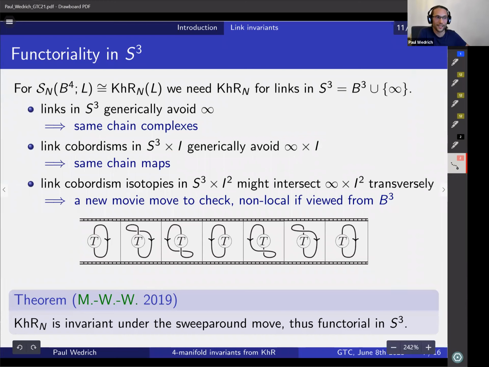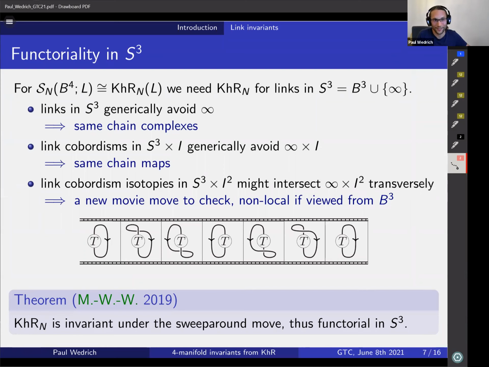The subtlety arises once we look at isotopies of link cobordisms. This is what usually gives rise to the movie moves. So an isotopy of link cobordisms is something 3-dimensional living in this 5-manifold, 3-sphere times interval. And now I have to see whether this intersects the fiber over the point at infinity, which is now 2-dimensional.